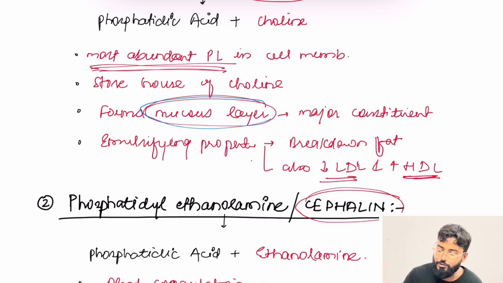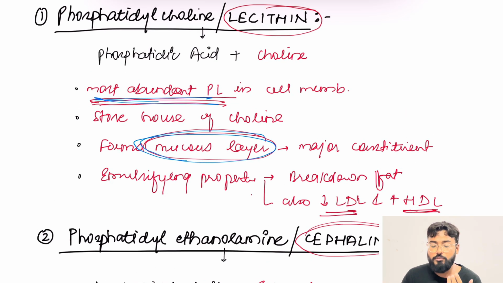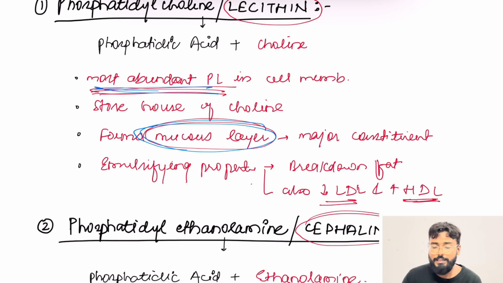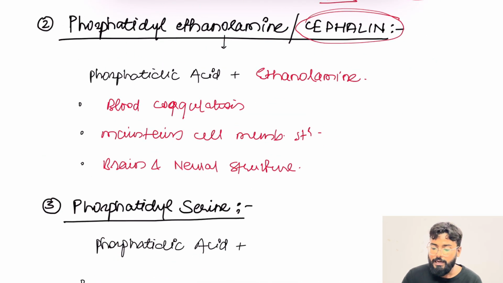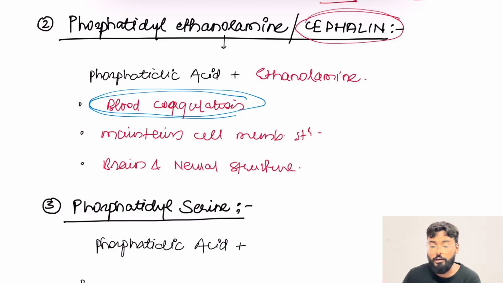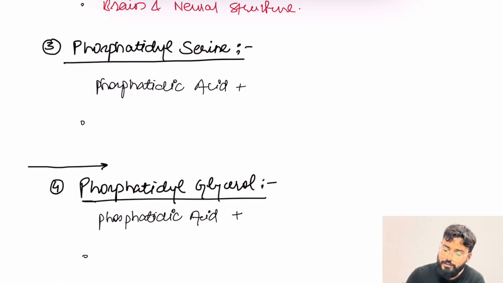This you need to remember. Most abundant phospholipid in cell membrane is your lecithin, that is your phosphatidylcholine. It is also found in mucus layer. And your cephalin, this is also found in cell membrane, which is going to maintain its structure, and it helps in blood coagulation.